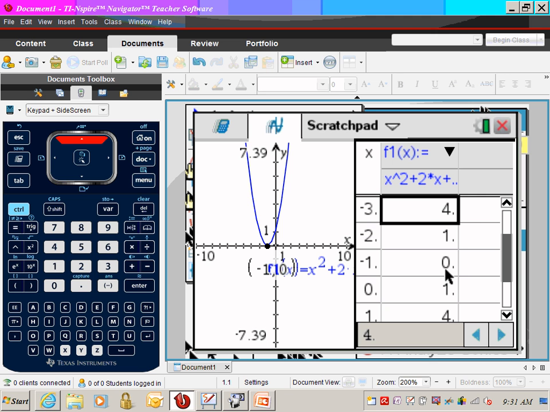I want you to try to always have at least 5 points. If you can put more, like if -4, 9 will fit, put that on there too. The more points, the more accurate it looks. Okay? So I want you to copy this table down, and I want you to plot it on your graph, and then connect your lines. Make sure you're putting arrows on the ends, because this parabola keeps getting bigger and bigger.